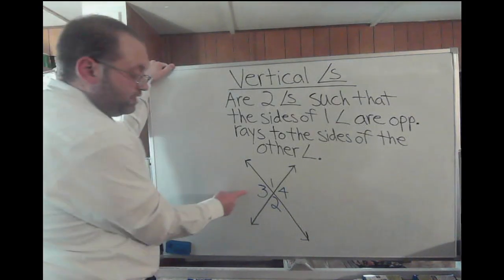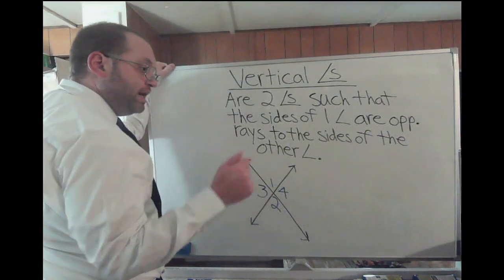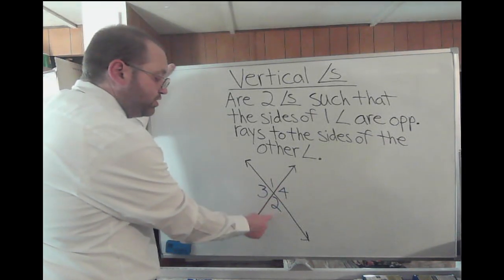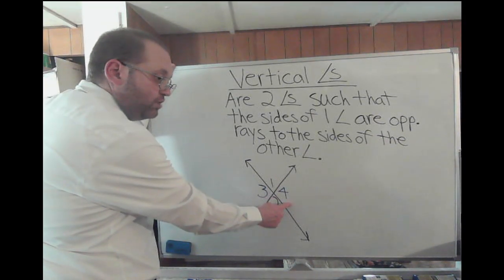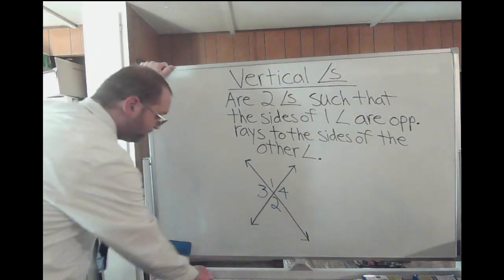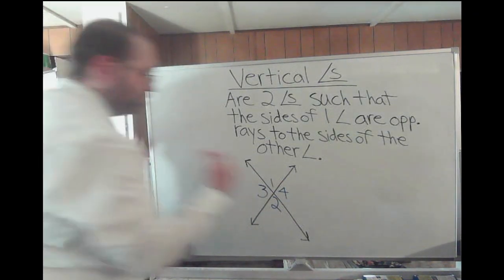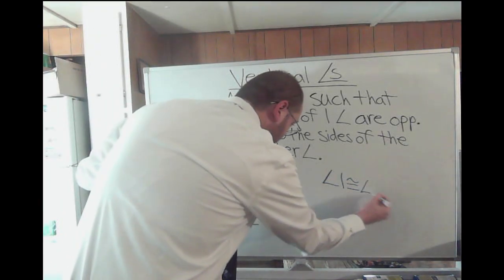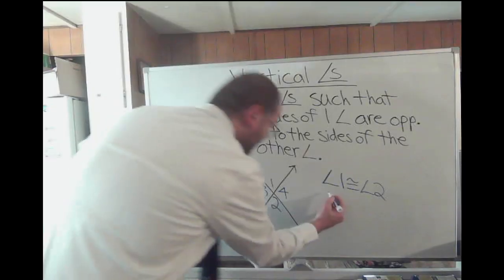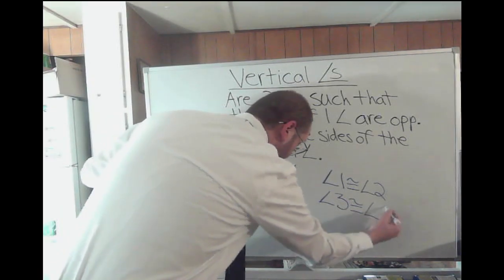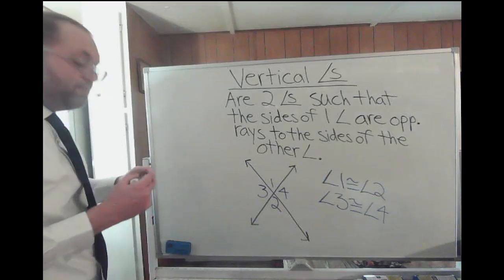Now vertical angles, let's see. When you compare them, you're going to go diagonal. You'll go straight across. You won't do the adjacent angle next to it. You'll go straight across the diagonal. So with vertical angles, angle 1 would be congruent to angle 2, and then angle 3 would be congruent to angle 4, which I'll get more into in a minute.